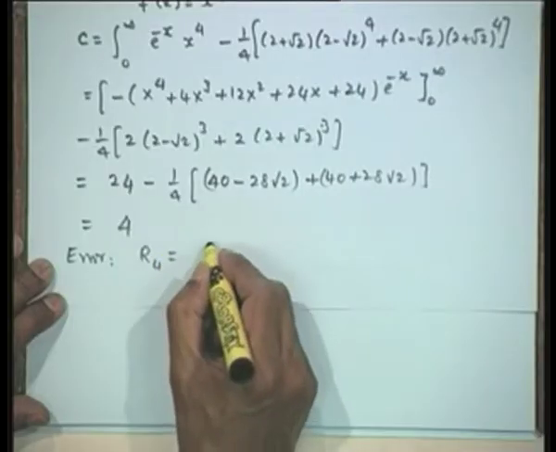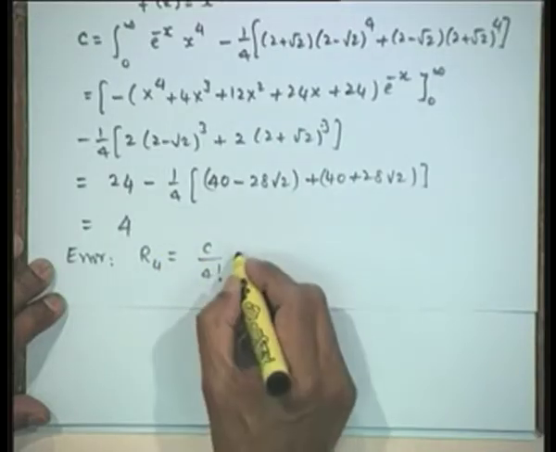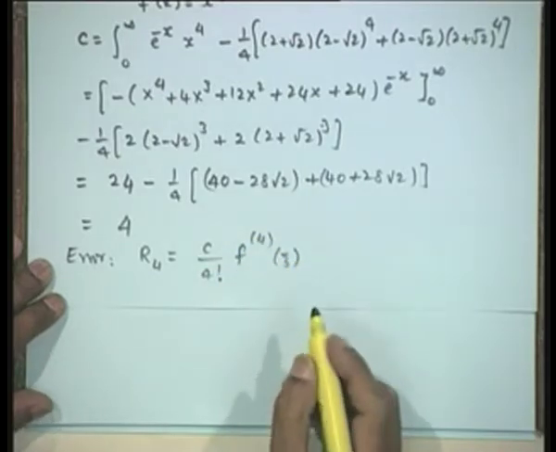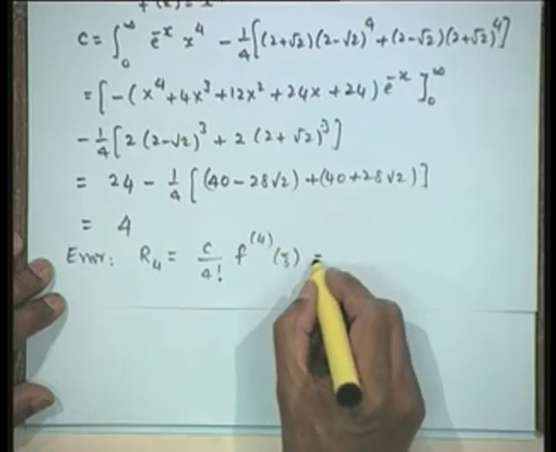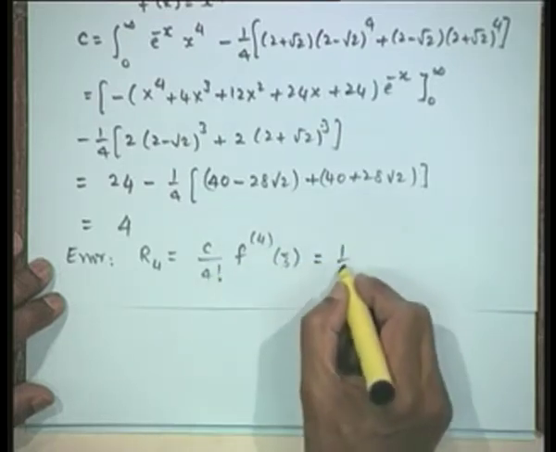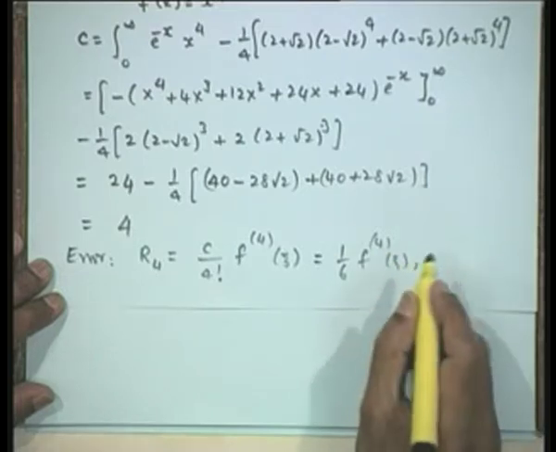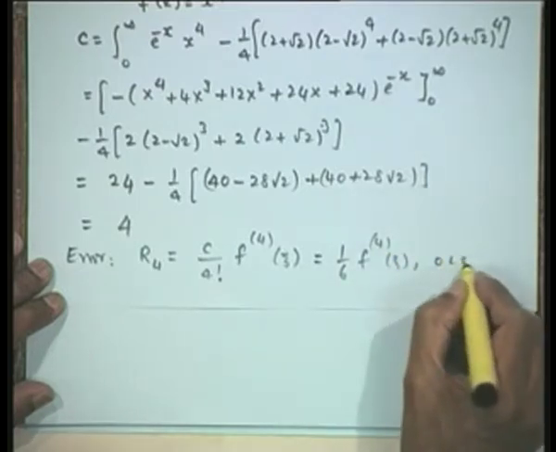Therefore, I have the error term given as R4 is C by factorial 4 F4 of xi, that is, 4 cancels. So I will have 1 upon 6 F4 of xi, xi lying between 0 and infinity.